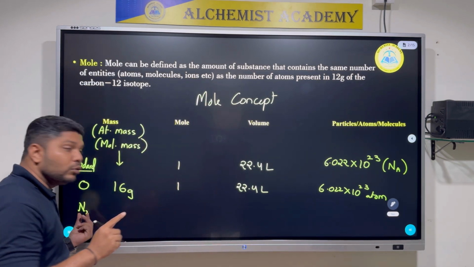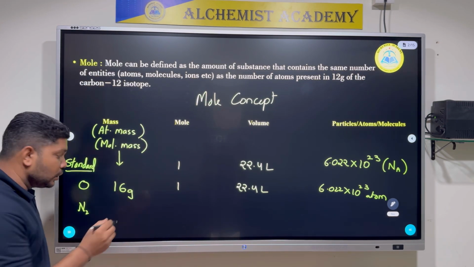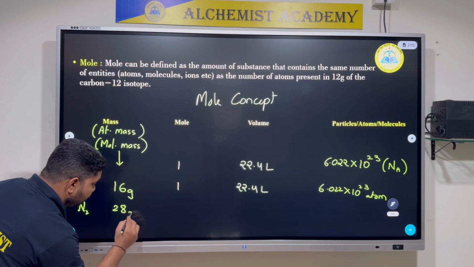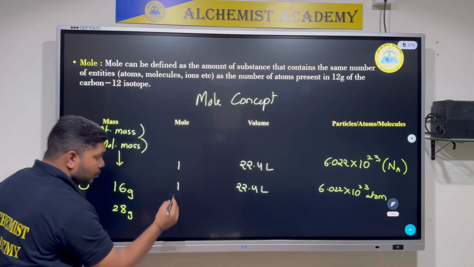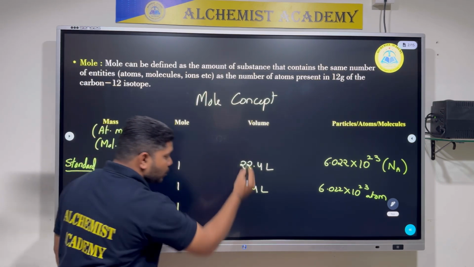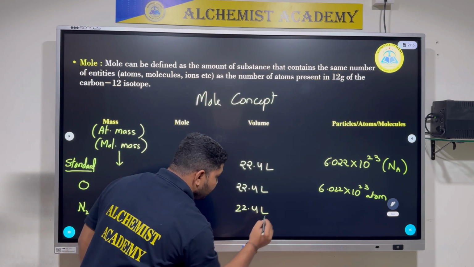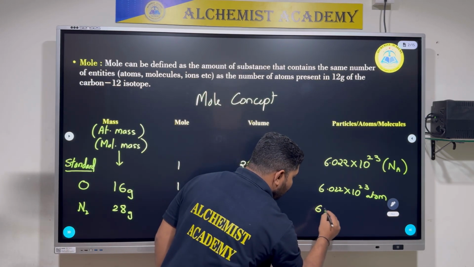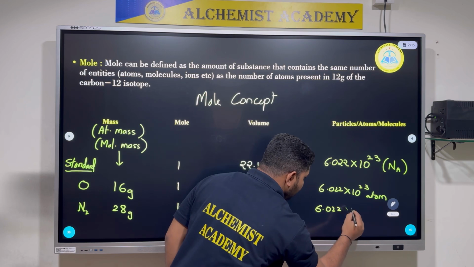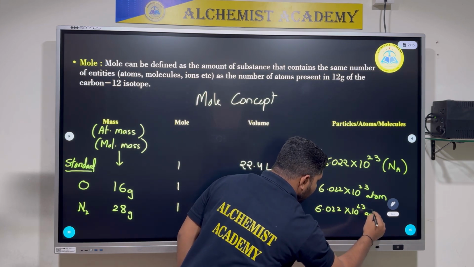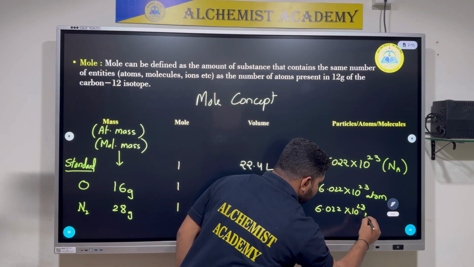Now here it is N2, that means 2 times, so you are going to take 28 grams. Correct? Here mole is always 1. Volume is 22.4 liters. And particles here I will say molecules, not atoms, 6.022 into 10 raised to 23 molecules.